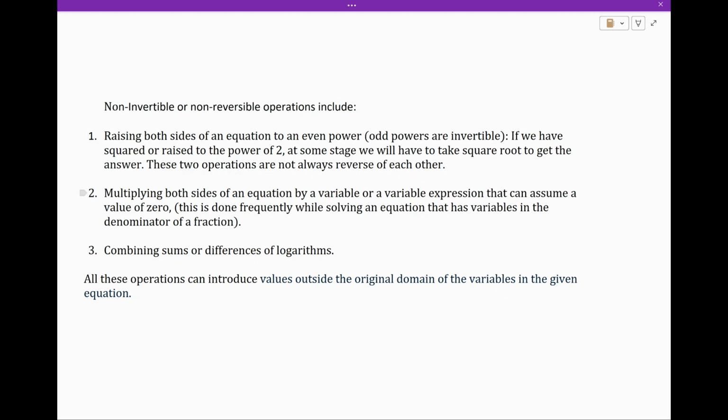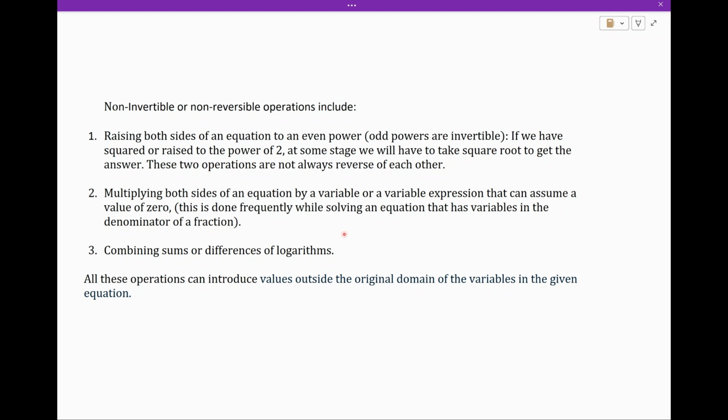The second example is multiplying both sides of an equation by a variable or variable expression that can take a value of 0. This is done frequently while solving an equation that has variables in the denominator of a fraction.